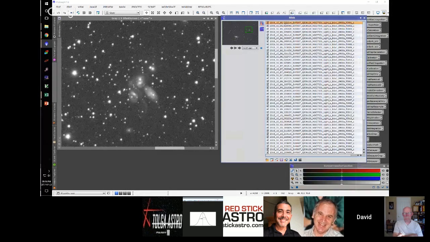What I've done here is I have the blink tool up in PixInsight, and I'm going to step through these and visually select them, and determine whether I want to keep that frame or not. So this first one, just visually looking at it, the stars start to almost look comet shaped. They have a peak over here and are kind of flat on this edge.